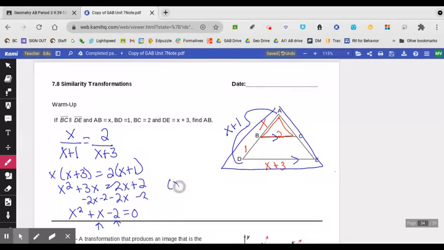So that factored is x plus 2, x minus 1 equals 0. So then set each factor equal to 0, which gives me x equals negative 2 and x equals 1. I need to remember that x is the side of my triangle, so I'm going to reject negative 2 due to length.